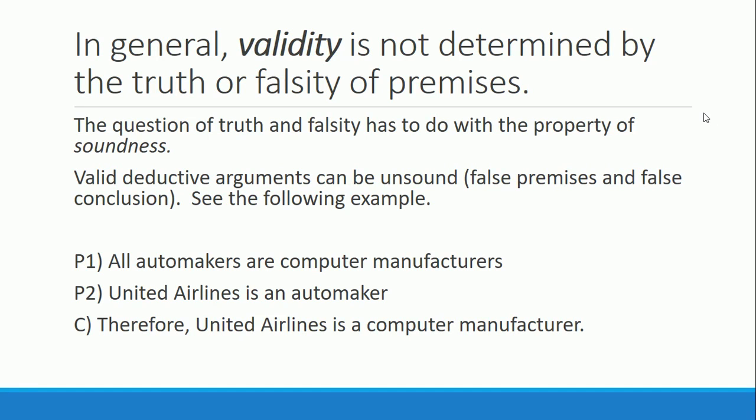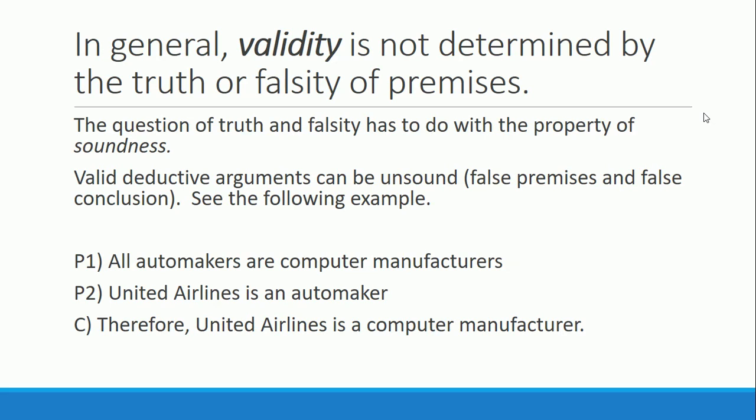All right. So valid deductive arguments can be unsound, with false premises and a false conclusion. Let's look at the following example. Premise 1: All automakers are computer manufacturers. Premise 2: United Airlines is an automaker. Conclusion: Therefore, United Airlines is a computer manufacturer.